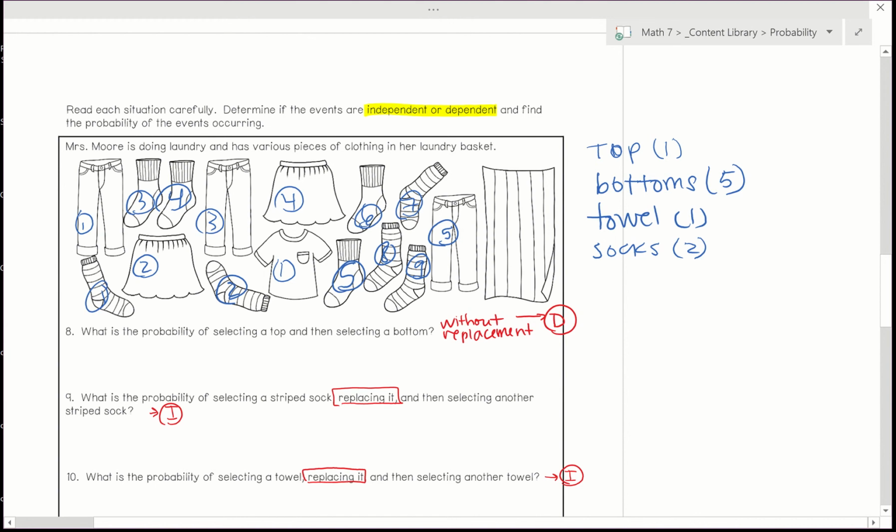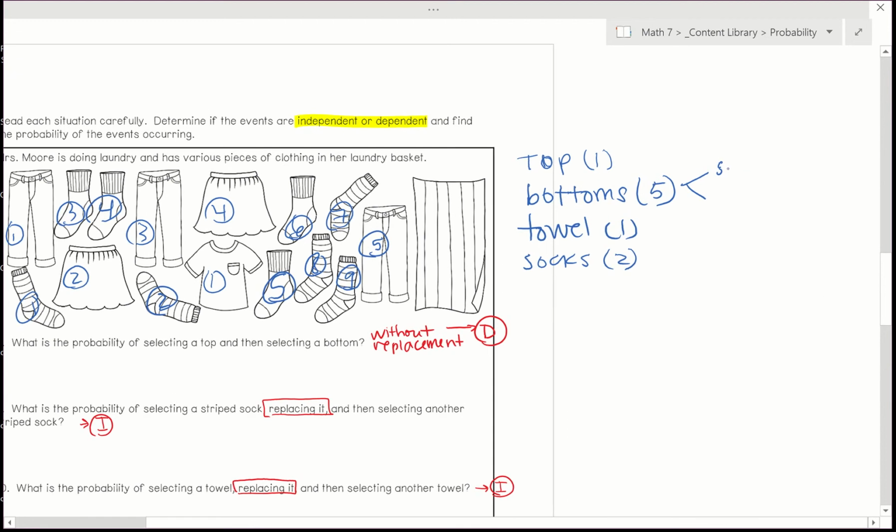Let's also talk about the pants. So the bottoms are made up of 2 skirts and 3 pants. For the socks, we have striped and we have blank ones.